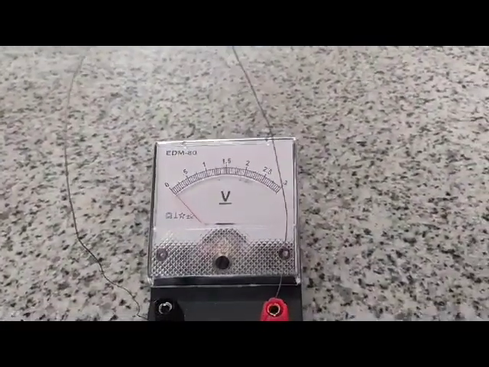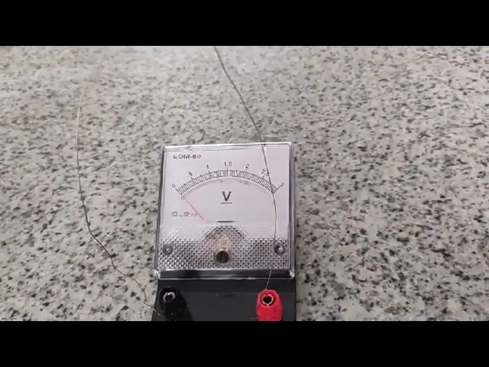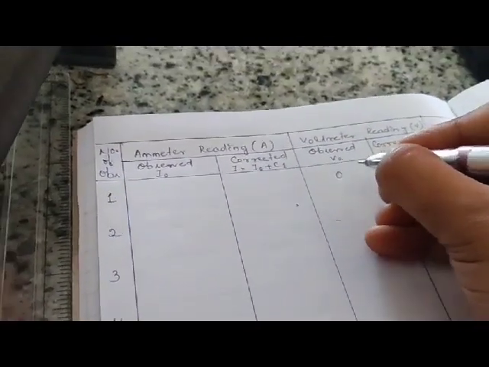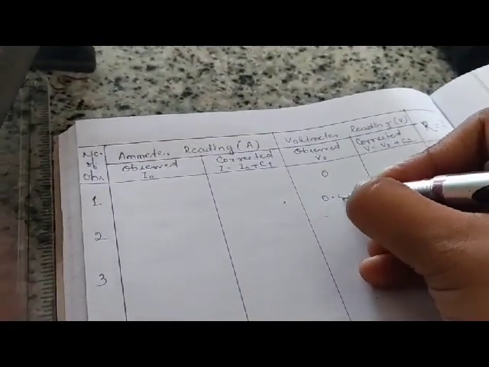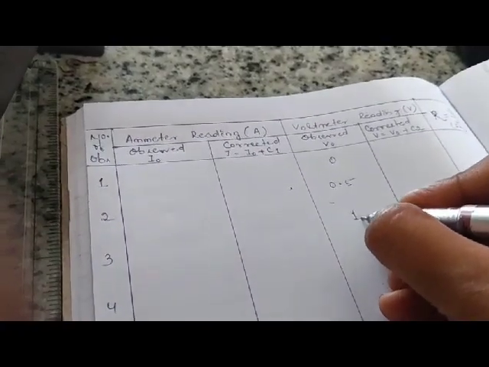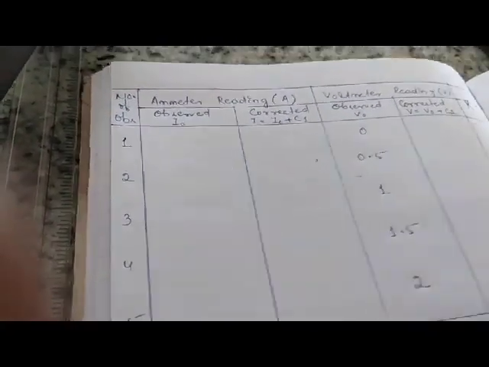Since the range of our voltmeter is from 0 to 3, we will consider 5 observations in the manner we can set, that is 0, 0.5, 1, 1.5 and 2. This much reading we can take.